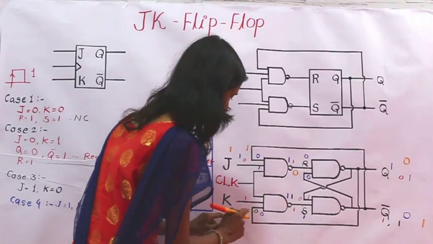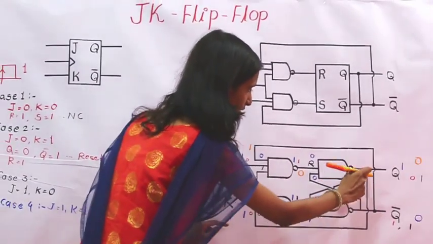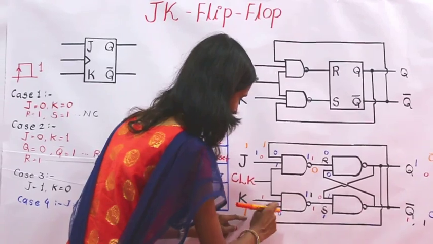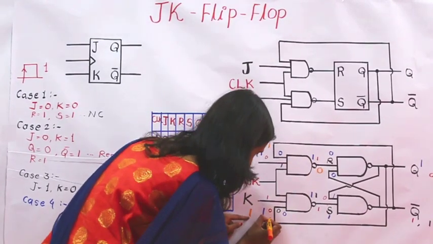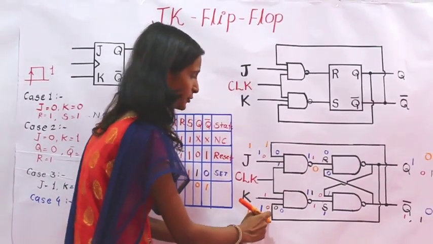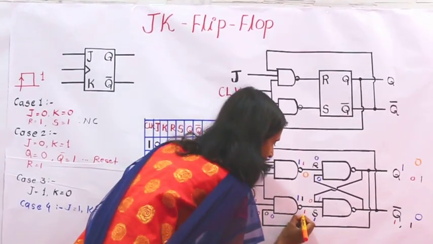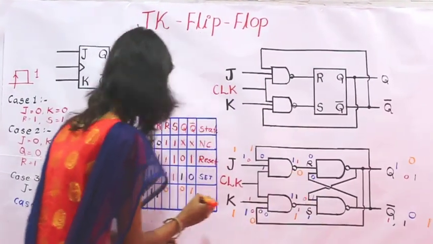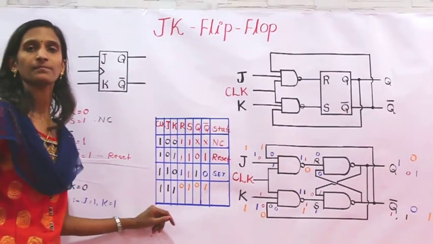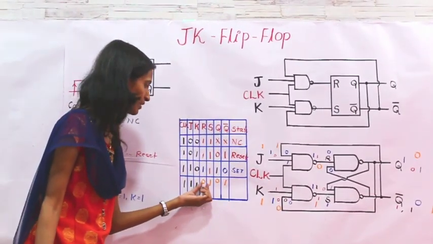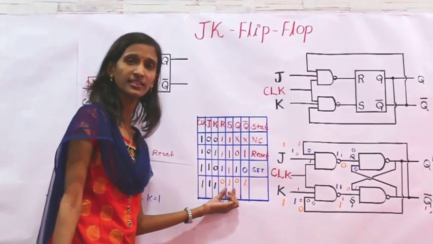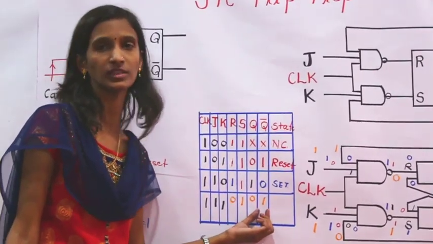Now next, here this is 1 and this Q is given here with the value of 0. So 1 into 0. What is the NAND of 1 and 0? 1. So S becomes 1. Is it clear? So if the inputs are 0, 1, I will get output as 0, 1.